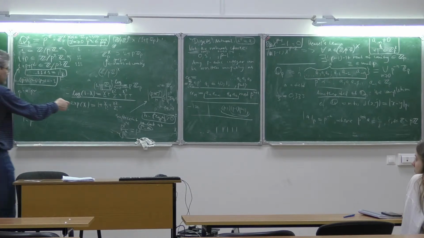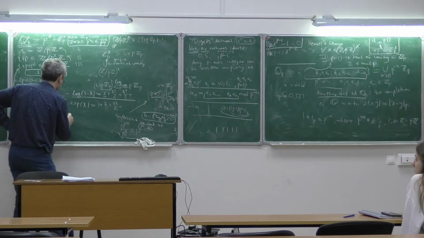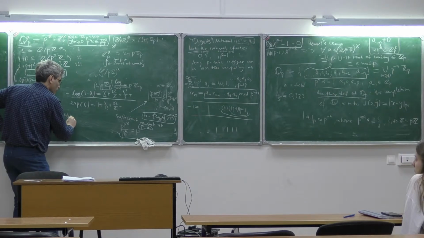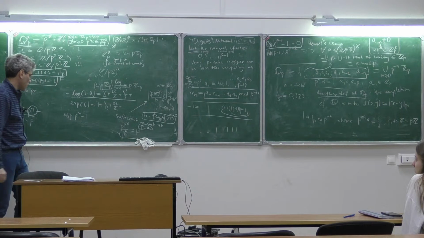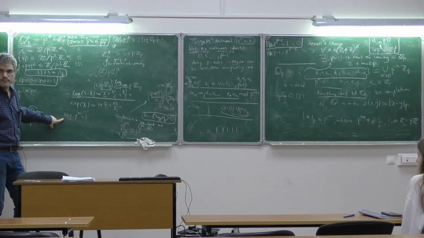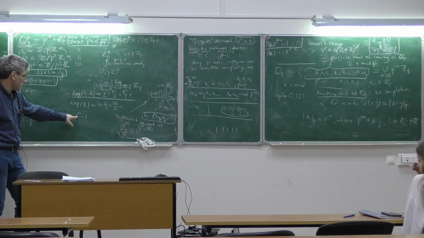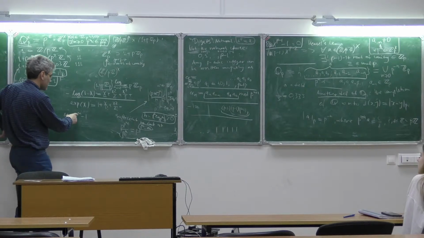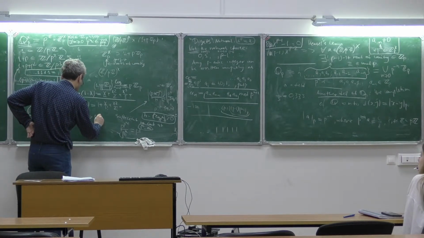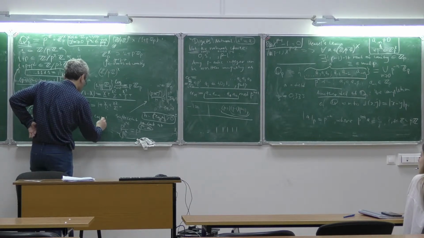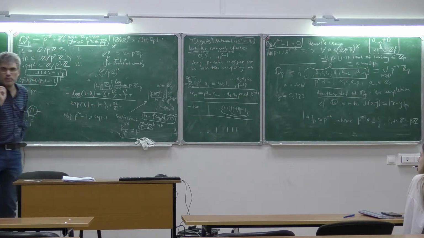What is the derivative with respect to m? It will be the logarithm of p times p to the m minus 1. And of course, this is positive, so this grows, and even at 0 this is the logarithm of p minus 1.